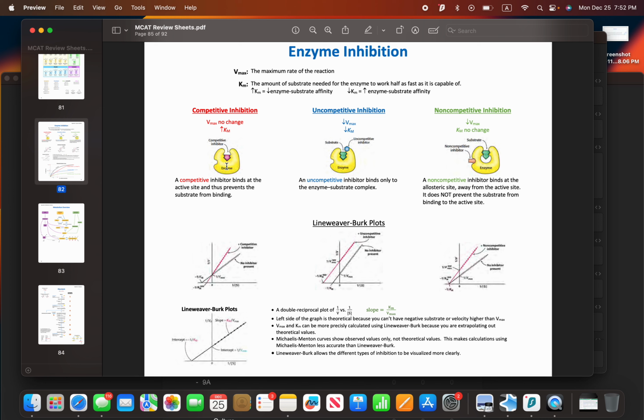We know that Vmax is the number of enzymes that actually increase the pace of the reaction. Again, the analogy with the cars: the more cars you have, the faster your reaction goes, right? The more cars you have, the more passengers, being the substrates, the cars can carry, right?